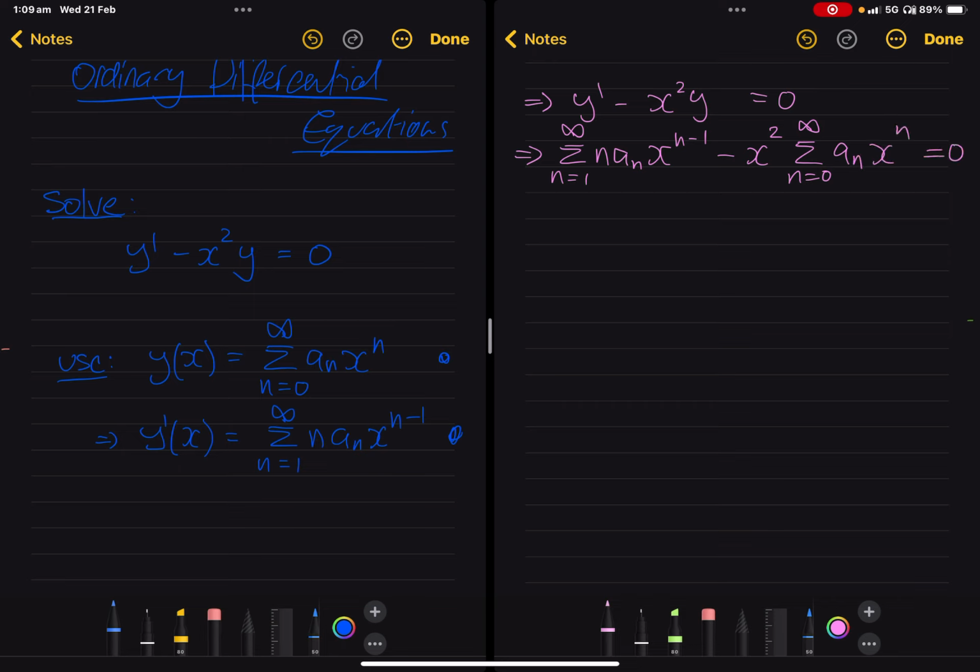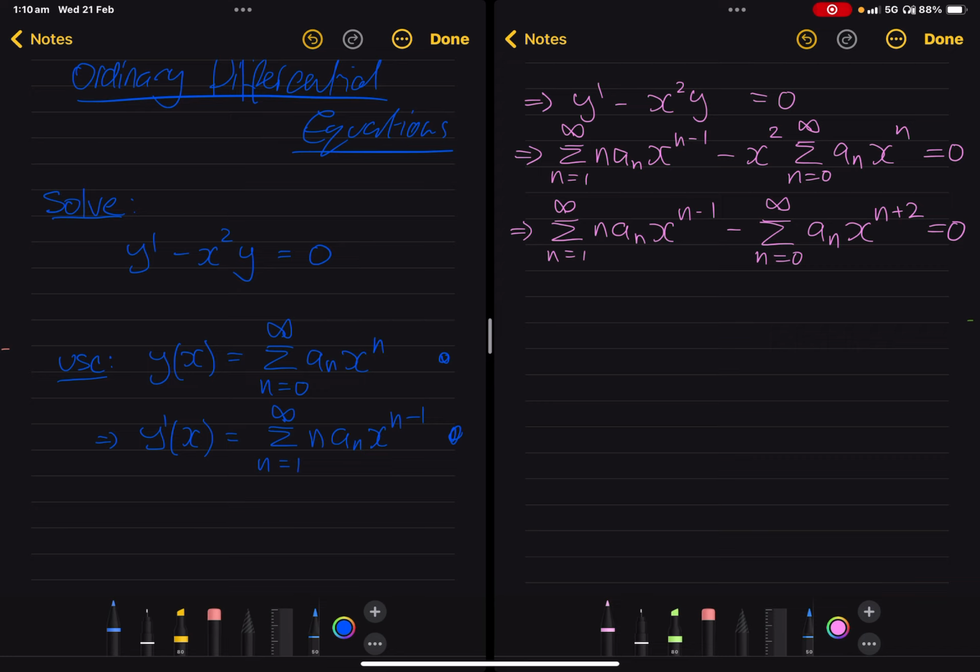This is equal to 0. So we can put this x squared power into this x to the n. So this will give us the sum from n equals 1 to infinity n times a n times x to the n minus 1 minus the sum from n equals 0 up to infinity a n times x to the n plus 2 is equal to 0.